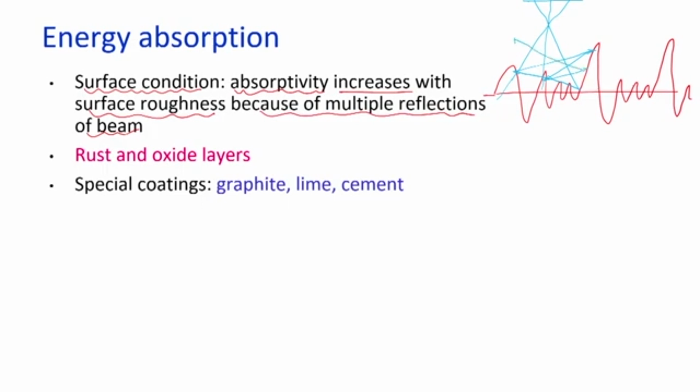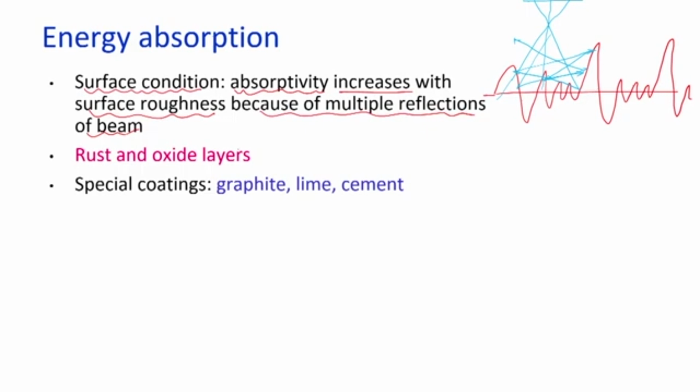In a similar way, the other rays of the laser will get struck over here and get reflected. These laser rays are getting reflected multiple times, and they may strike the crests of the surface, and due to that there will be more energy absorption over the work surface.